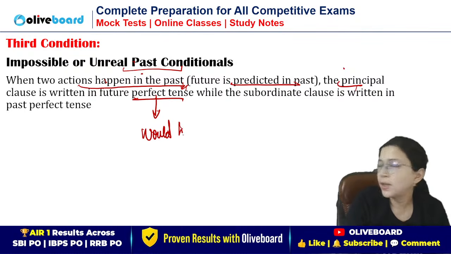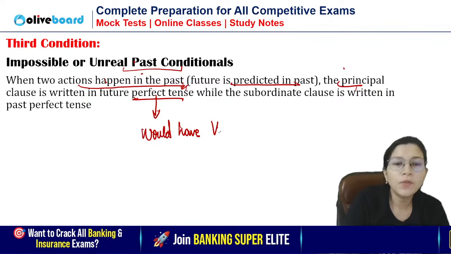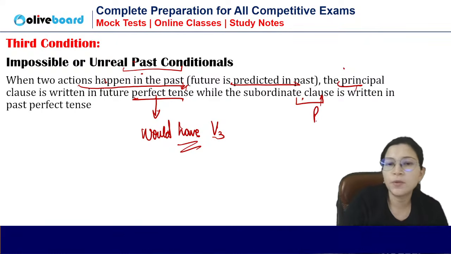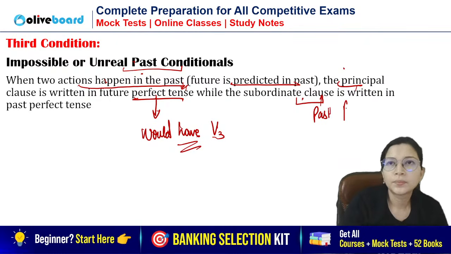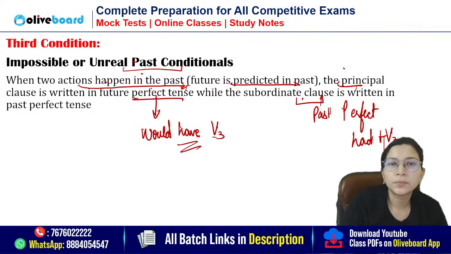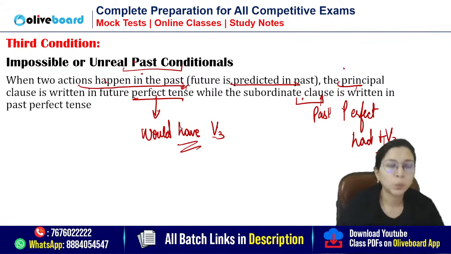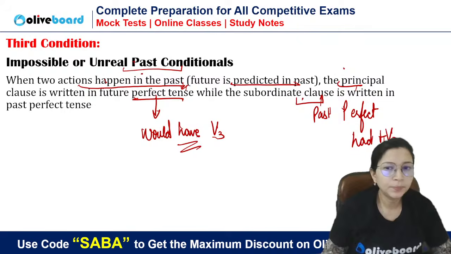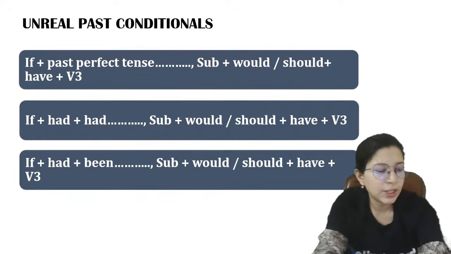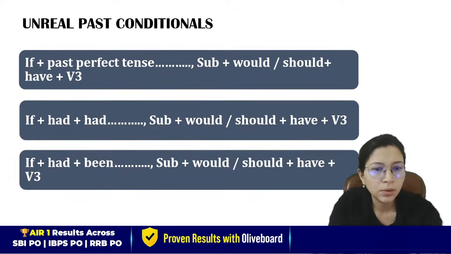We will use would have plus V3. And the subordinate clause will be written in past perfect tense. And past perfect means had plus V3. Okay, did you get the point? See this structure, everybody, carefully, then I will explain.